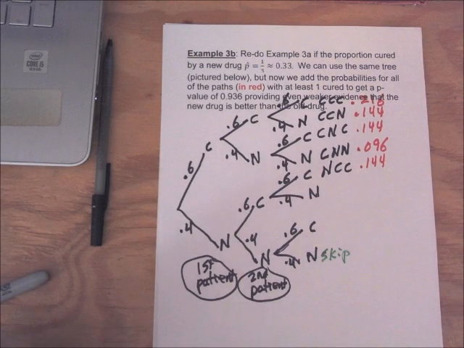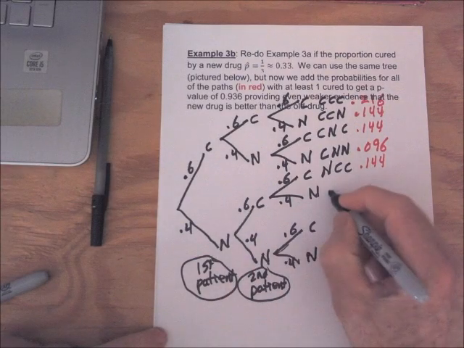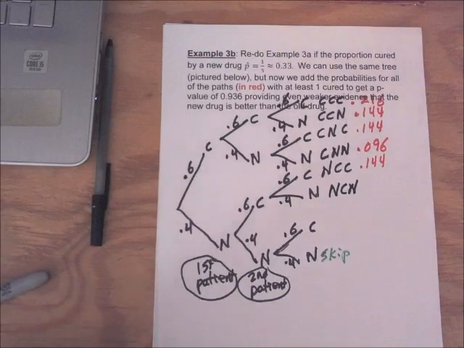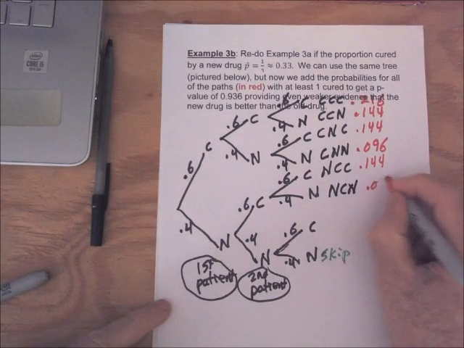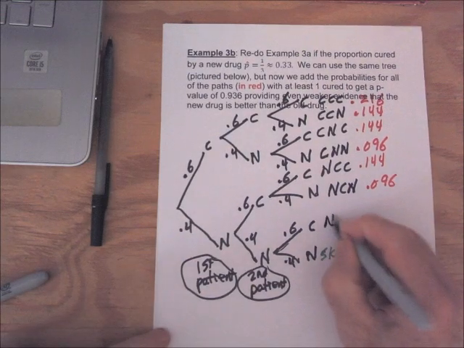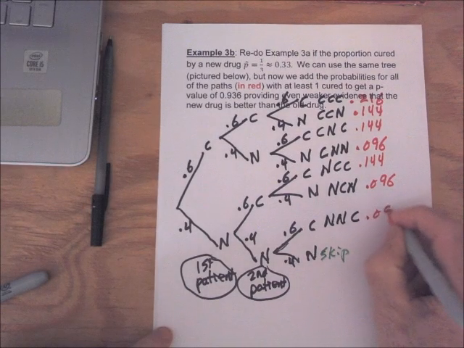Not cured, cured, not. It's 0.4 times 0.6 times 0.4. It'll be 0.096. And then we have not cured, not cured, cured. 0.4 times 0.4 times 0.6, 0.096.